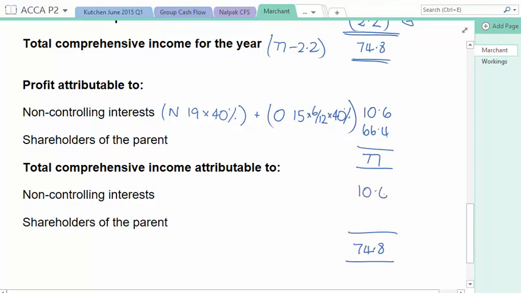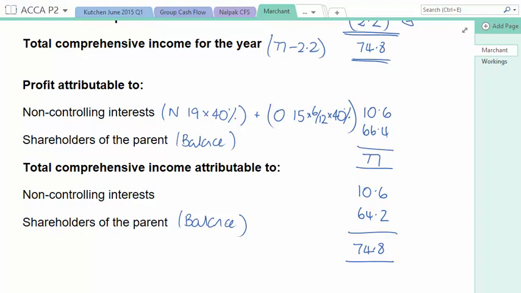The non-controlling interests still take their 10.6. And the shareholders of the parent, always just give them the balance. Now this answer isn't perfect because I've not dealt with the gain on disposal to the parent company in this, which would have been thrown in a totally comprehensive answer. Not a single student on the planet would remember to do something of that nature.